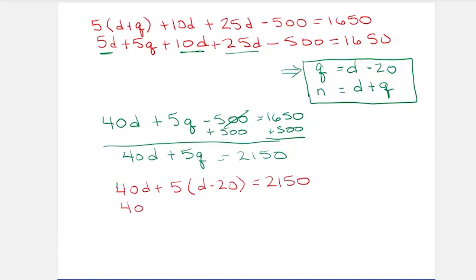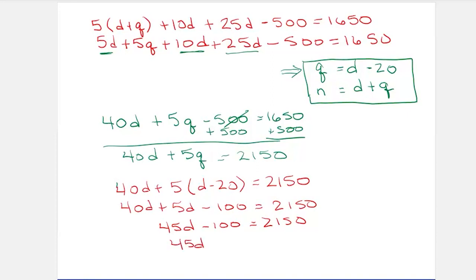So let's continue. 40D plus 5D minus 100 is equal to 2150. 45D minus 100 is equal to 2150. I'm going to add 100 to both sides.